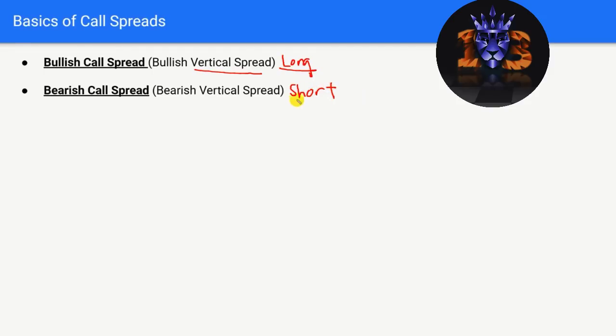Now, we're going to go into more detail on these specifically later on. But I wanted you to understand that we are looking at bullish call spreads and the bearish call spread today, and the difference between those. We'll talk a little bit about it, but we're really going to focus on bearish calls.